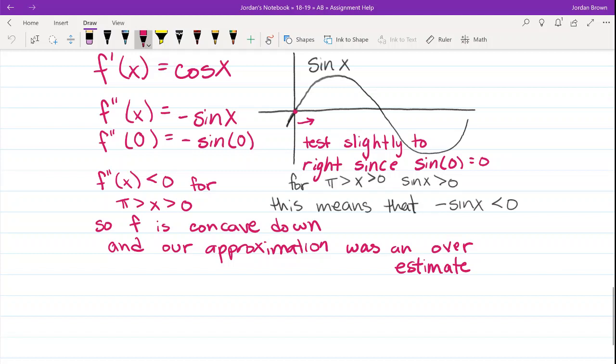Okay, Lily, are you ready for a Rolle's example, or is there something that I still need to clear up about this?